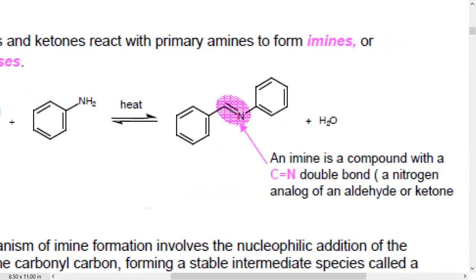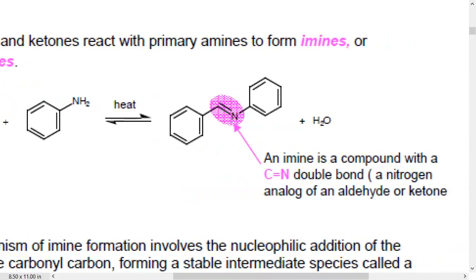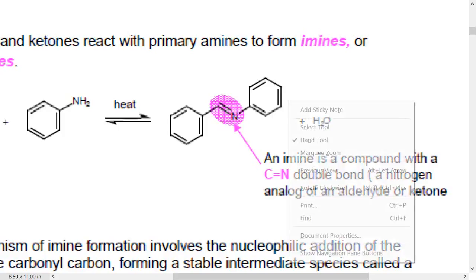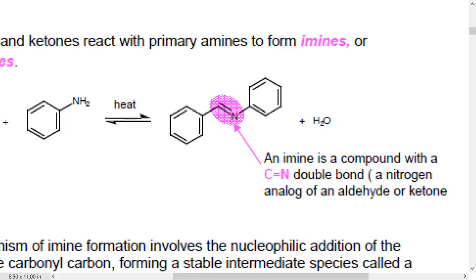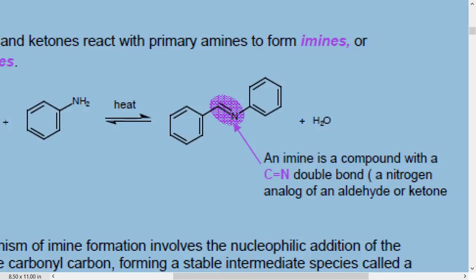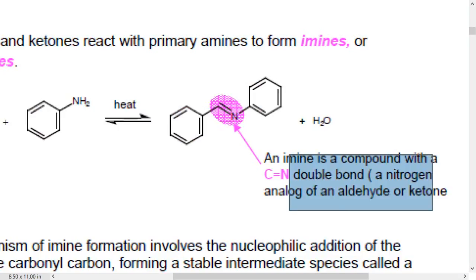It can be of a ketone, but it is a carbon nitrogen double bond containing compound. A nitrogen analog, this is nitrogen. So this is a nitrogen analog of aldehyde or ketone.